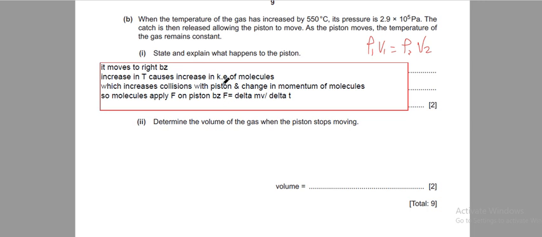You can mention also how, from a molecular point of view, this happened by the usual ideas that we always use: molecules by increasing temperature gain kinetic energy and make more collisions, so make more change in momentum, and this change in momentum per time means force.